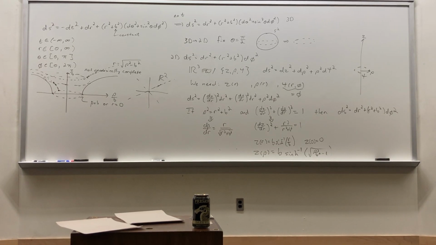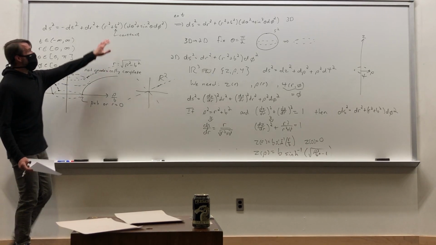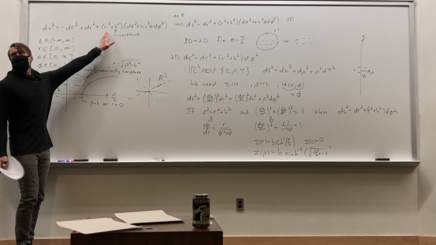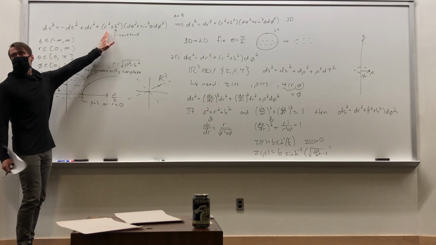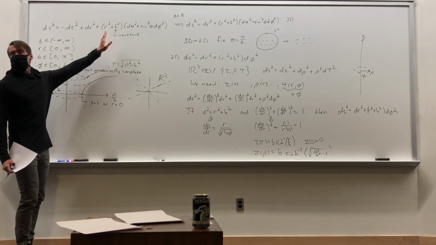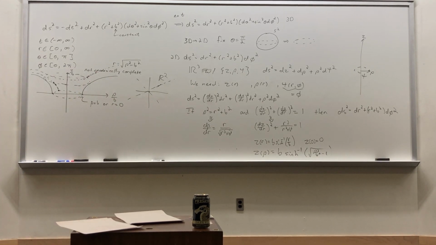So what can we do to fix it? Take the limit as b approaches 0. We could do that, but that's kind of lame. It's just making the whole space R4 or M4. What else can we do? Could you create a copy on the bottom side? We can do what is called a maximal extension of the space.